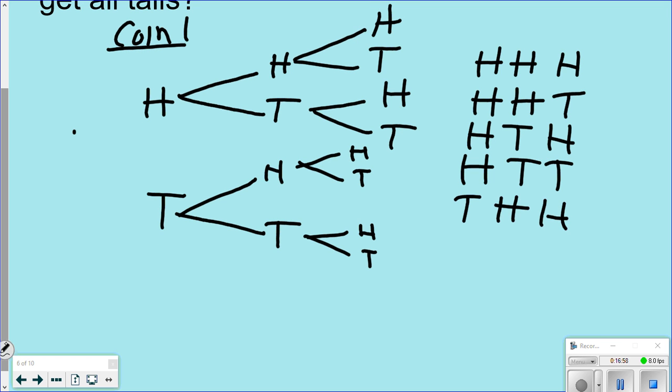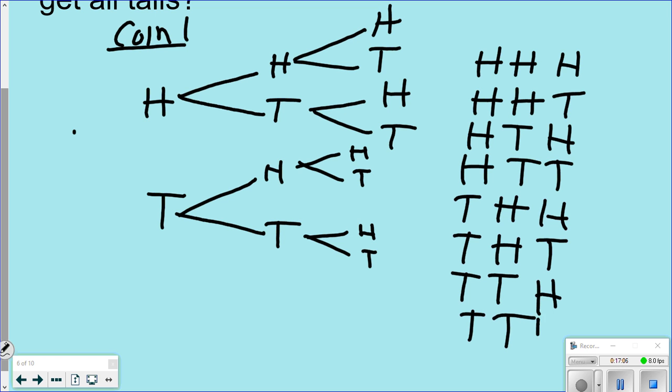Tails, heads, tails. I could have a tails, tails, heads. So how many possibilities could I have? 8. And if it asks me what's the probability that I could get all tails, what is it? 1 out of 8, because it's 1 time out of 8.